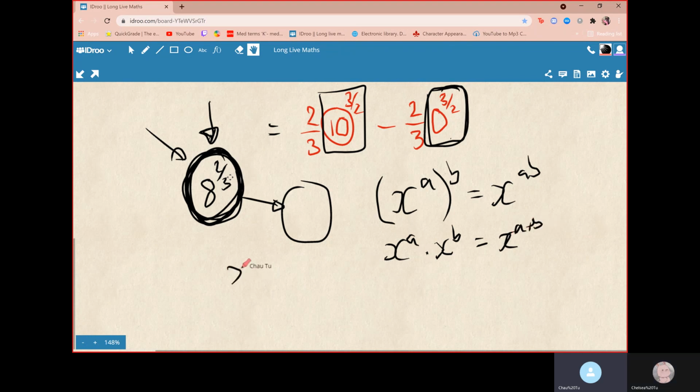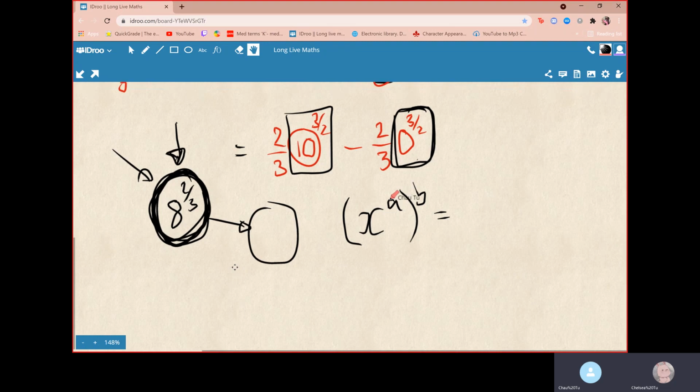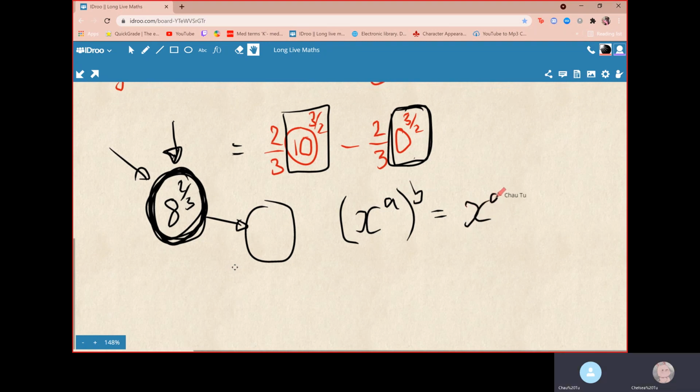What's x to the power of a divided by x to the power of b? X to the power of a minus b. Yeah. So let's start again here. What's x to the power of a to the power of b? X to the power of a, b.